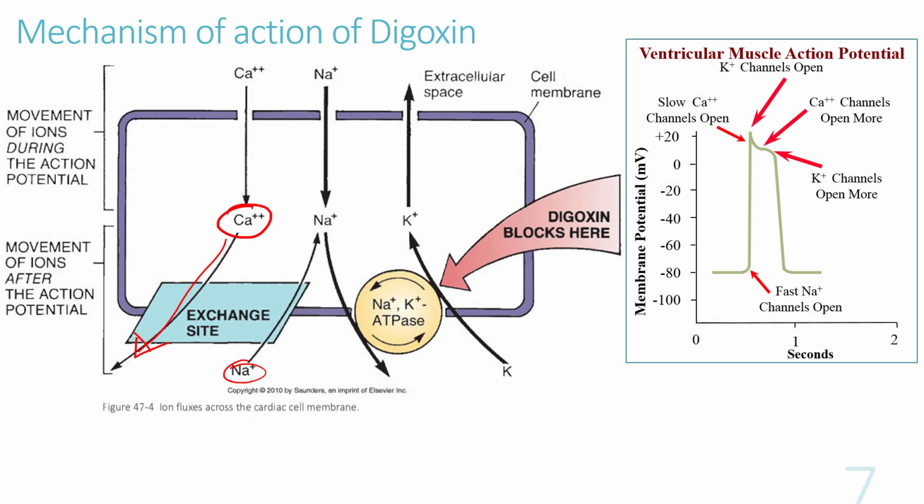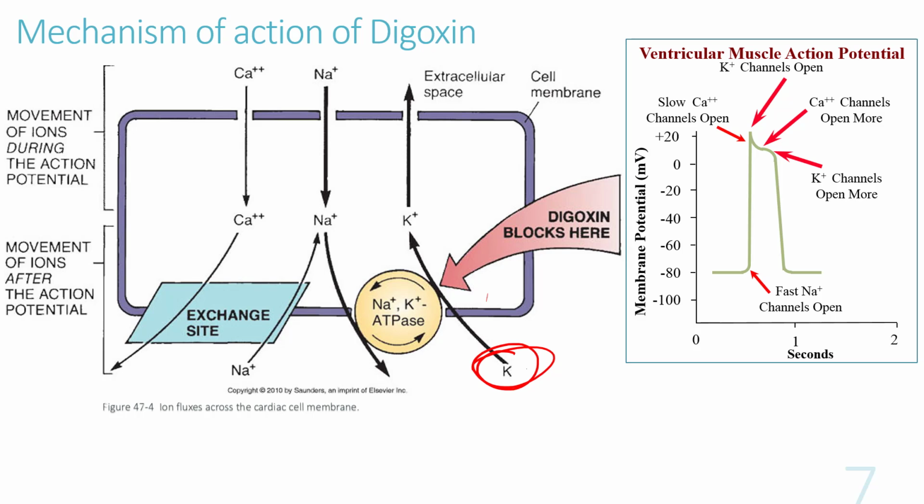So this is a whole sequence of events that happens. Now you can see this big arrow, and you can see that the digoxin blocks here. When digoxin is in the picture, it binds to the same site as potassium, so effectively the sodium-potassium pump stops working.